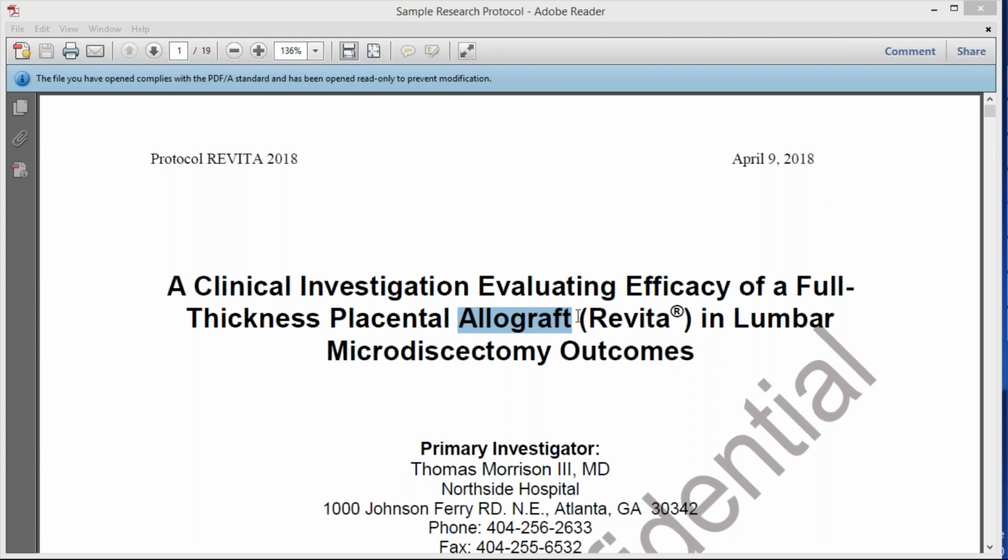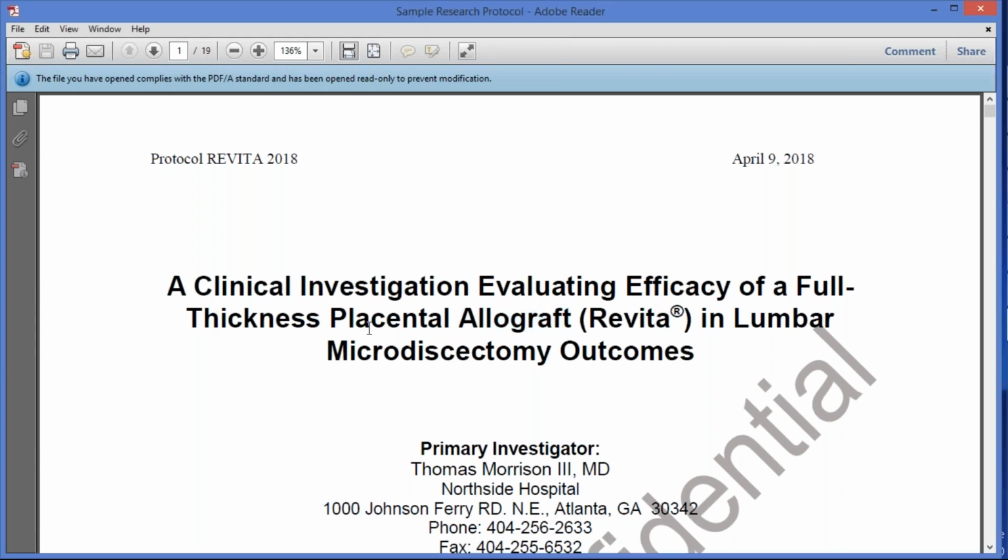That's what I'm explaining. Drug is a common term. Here also, placental allograft is a common term. That means we have many placental allografts. Revita is the registered name, like Glucophage is a registered name, but it's a drug. Revita is a registered name with StimLab.